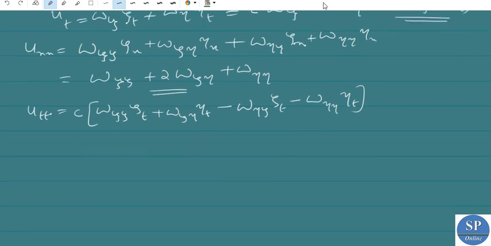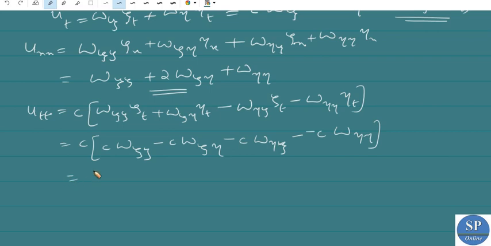So we have, this is nothing but c into, here it is c w zeta zeta minus c into w zeta eta, minus w zeta t is c into w eta zeta, minus eta t is minus c, so minus c w eta eta.